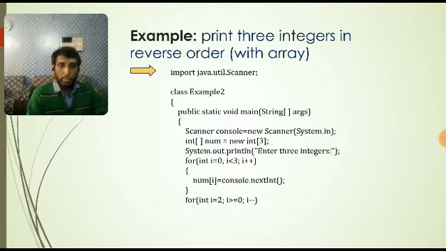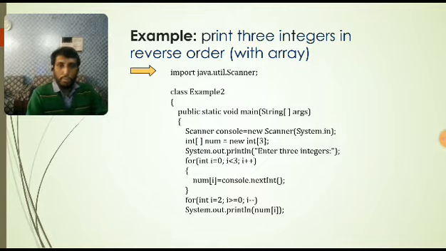So here another loop is running. Look at i = 2 and i greater than or equal to 0. The loop will run with the variable starting from 2 and ending at position number 0, and then i minus minus. Because the beginning value is 2 and it is coming down to 0, that's why i minus minus is given.